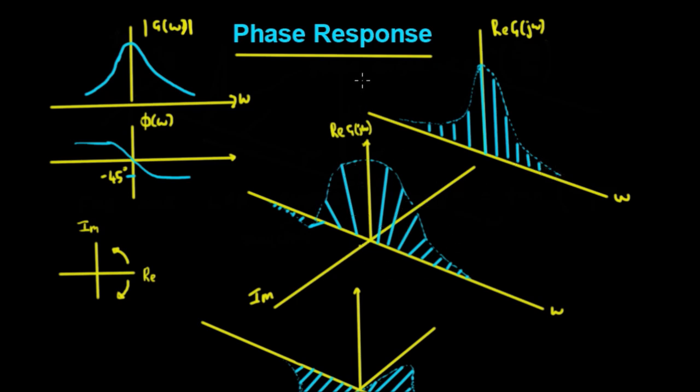And also, if you were to come from above and look down, and again shine a torch down, and we were to look at the shadow of this function from the top down to the bottom, then we would see the imaginary part of this function, and it would look something like that.